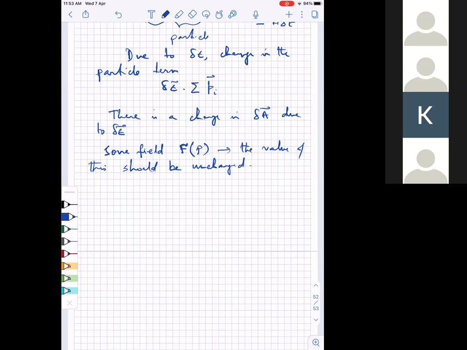So the functional form may change, but the physical value should be unchanged. What it basically means is that this was a function of R in the old coordinate. This will be some different function of R plus delta epsilon, but the actual value should be the same. So somehow this thing should behave.